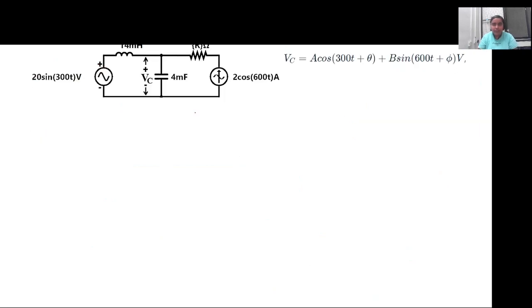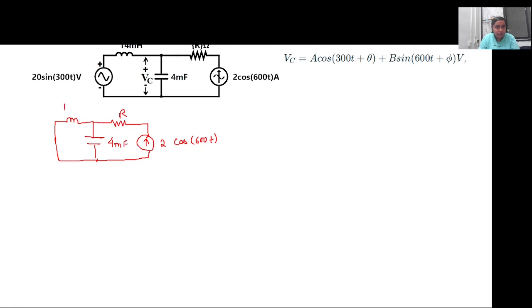For the next case, when we are considering the current source, the voltage source will be short circuited. So this is the new circuit now. The current that is flowing is 2 cos of 600t. The value of the resistance is unknown. This is 4 millifarad and this is 14 millihenry.